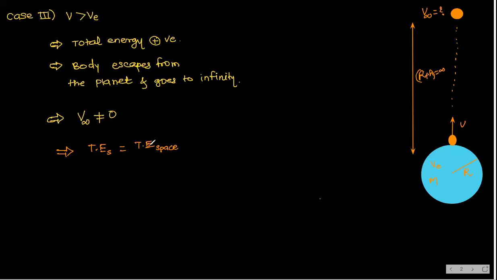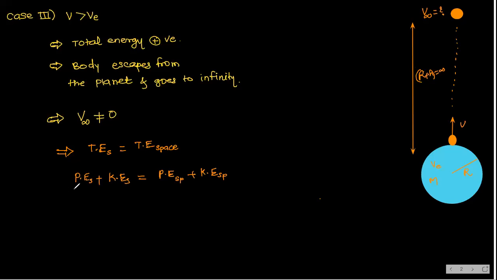Somewhere it is going, in space, right? Clear? We don't know where it is. Now total energy at surface means what we have to calculate? Potential energy at surface plus kinetic energy at surface is equal to potential energy at space plus kinetic energy in the space.